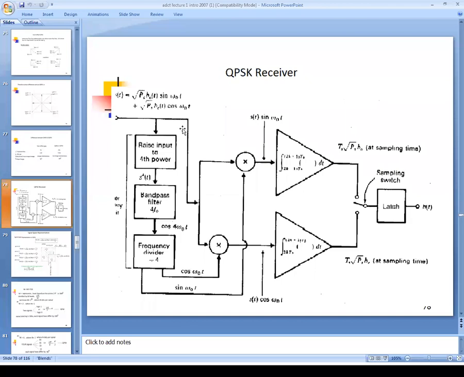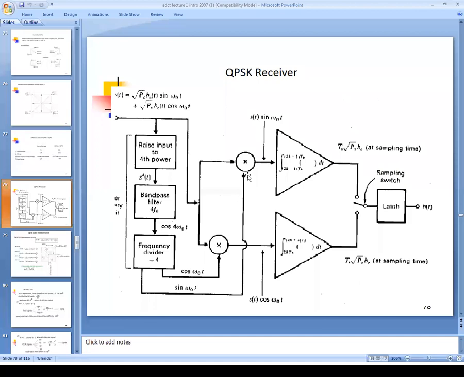The data is transmitted, and the received signal also gives the recovered carrier.